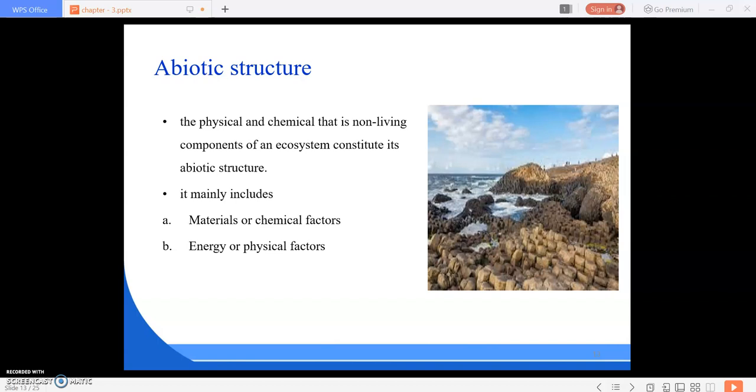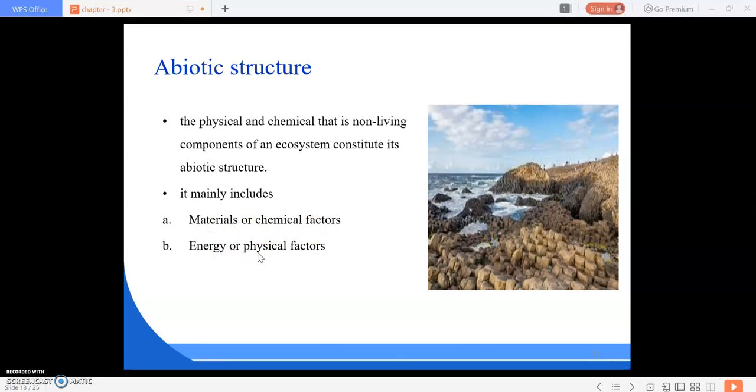It mainly includes two: the first is material or chemical factors, and the second is energy or physical factors. The materials are non-living things, and energy is also a non-living thing. These two are known as our abiotic structure, and without them we cannot survive in this world.